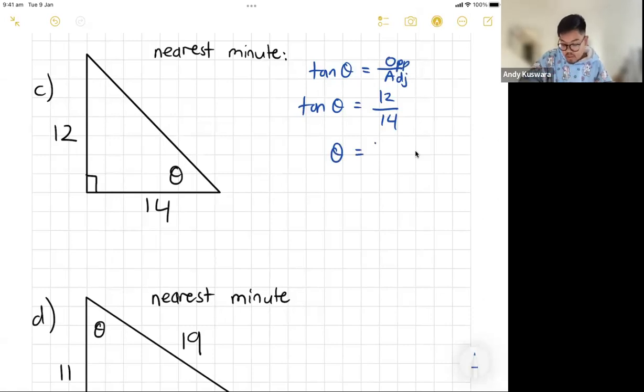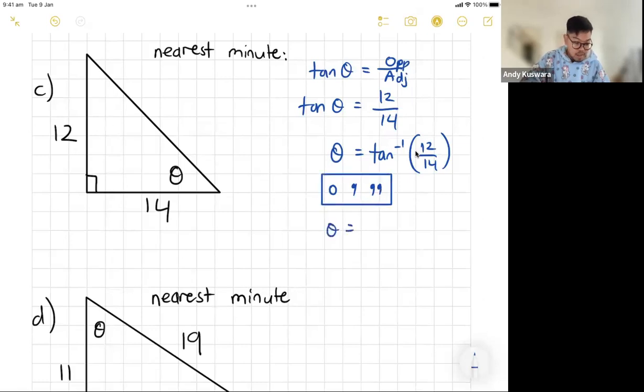If you're finding an angle, you'll need to use this thing called inverse tan or shift tan. So on your calculator, you press shift tan, and if you go shift tan, 12 and 14, it should give you your answer. It says to the nearest minute, so you press this degrees, minutes, seconds button, and you should get something like 40 degrees, 36 minutes, and 4.66 seconds.